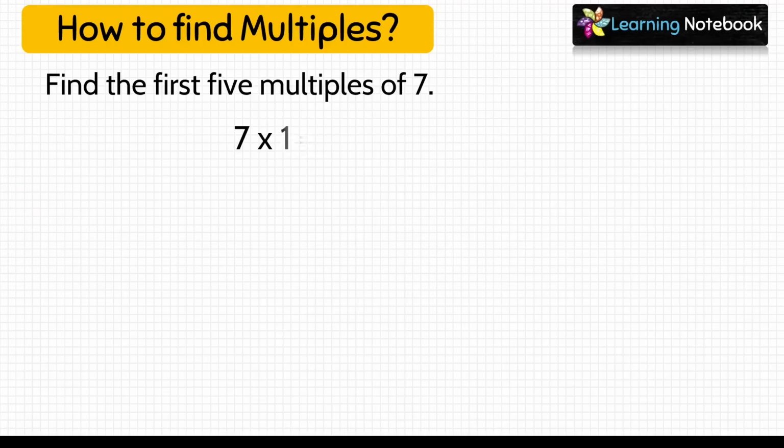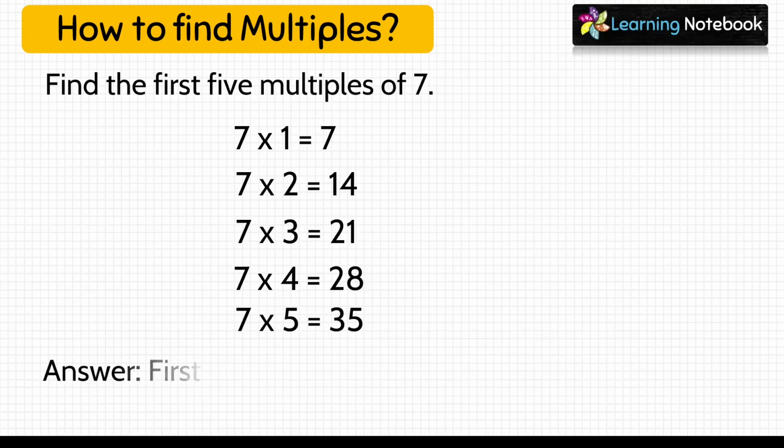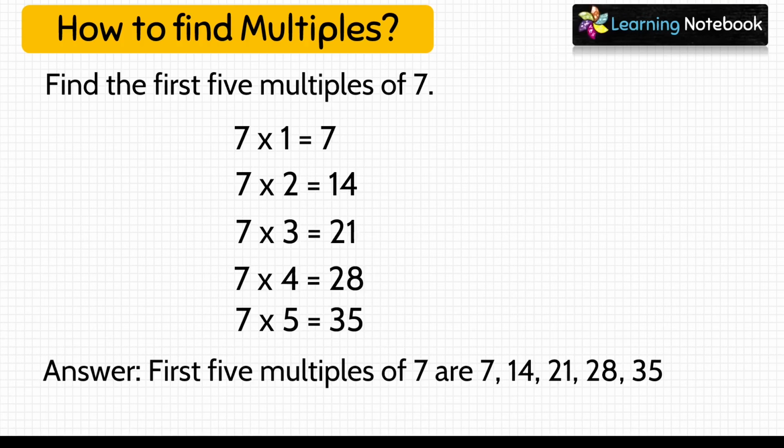To find first 5 multiples of 7, we will multiply 7 with 1, 2, 3, 4 and 5. So first 5 multiples of 7 are 7, 14, 21, 28 and 35.